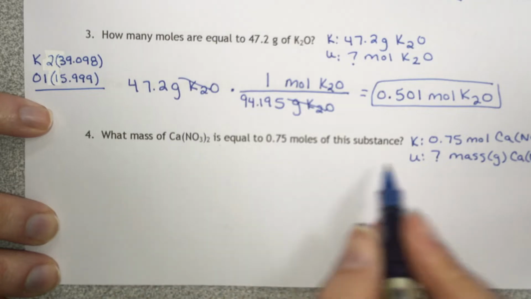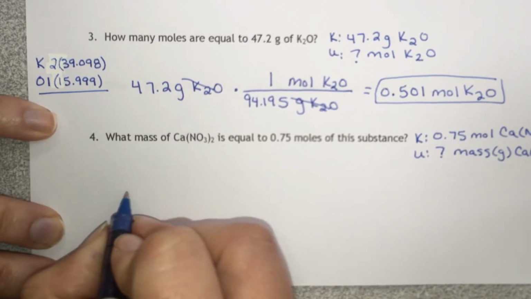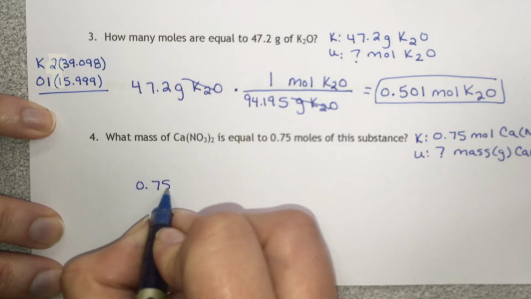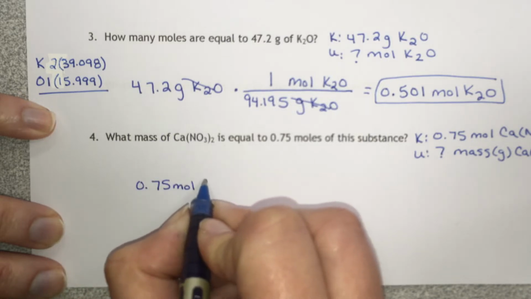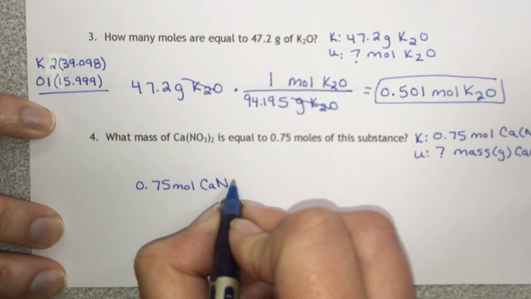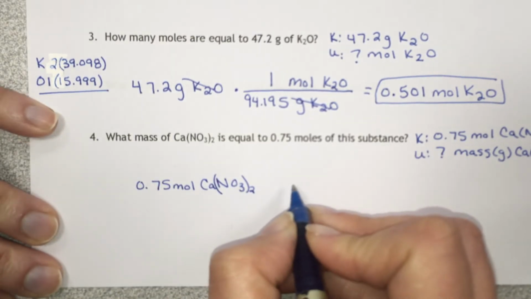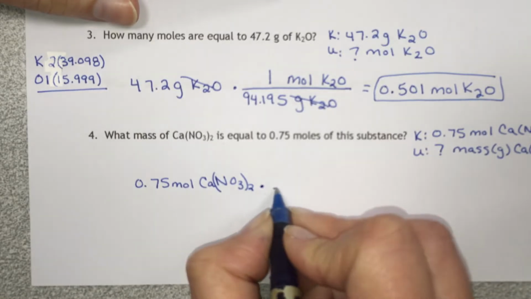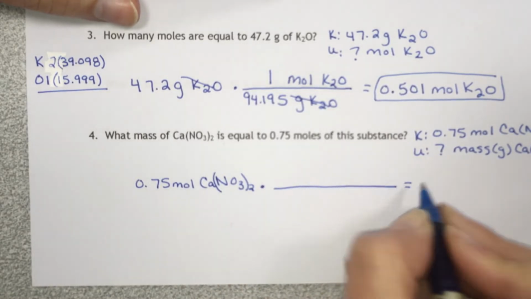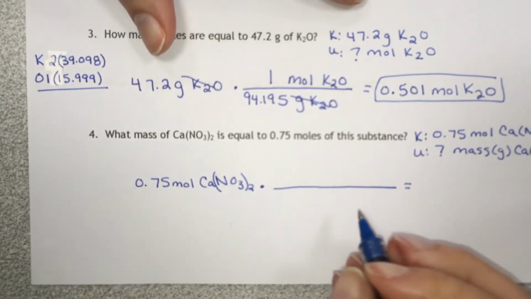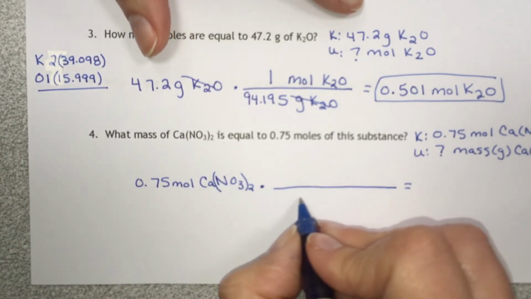So we start with our known, which is 0.75 moles of Ca(NO3)2. It's just one step because we have moles, or we're going to moles. In this case, we have moles, so we need to cancel out the moles.